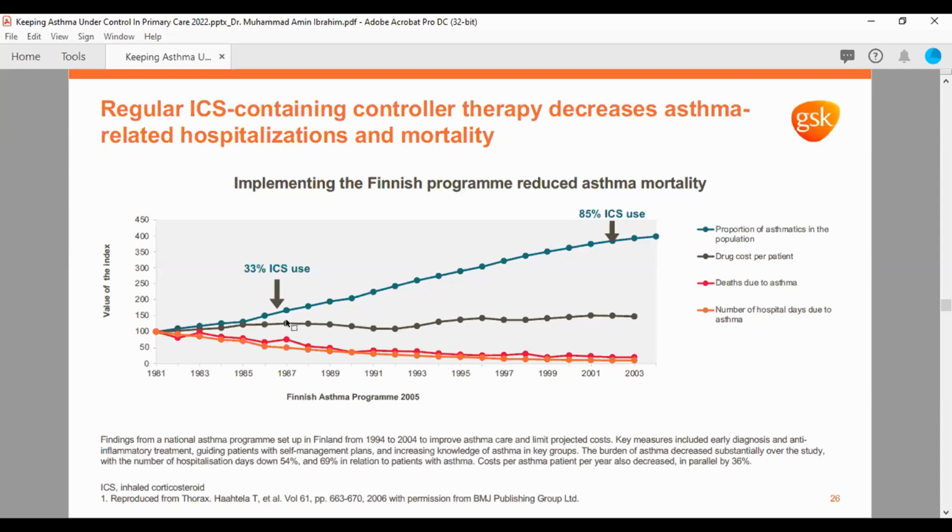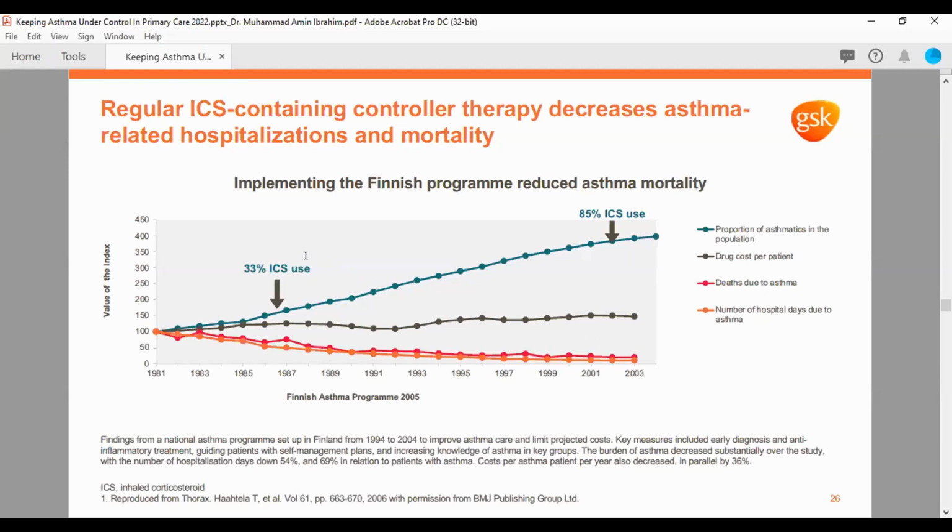So we can see, although the number of asthma patients increases, the numbers of asthma death and hospitalization remain low. In fact, inversely, we have an increased number of asthma patients, but the numbers of asthma death and hospitalization reduce.